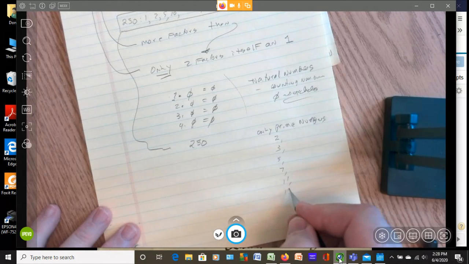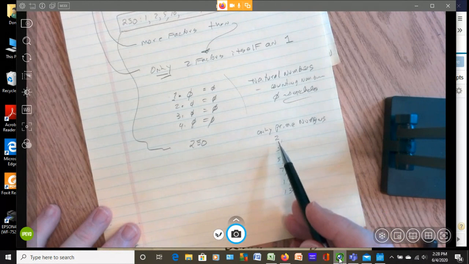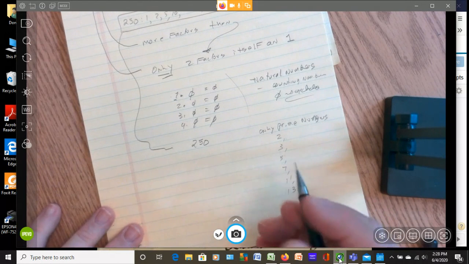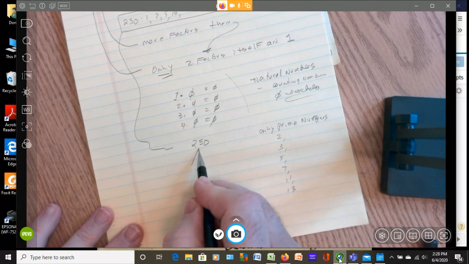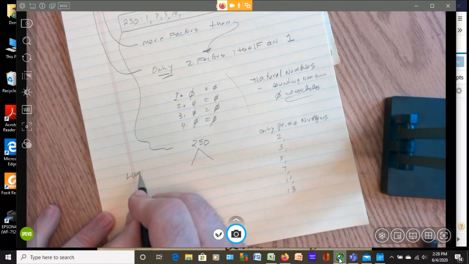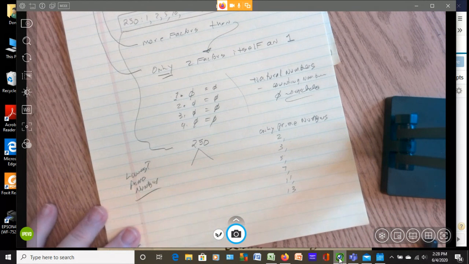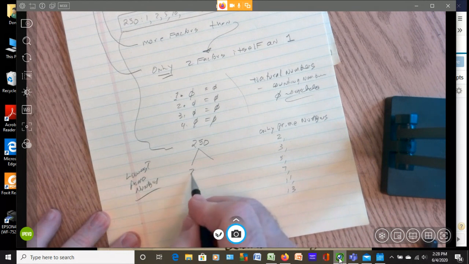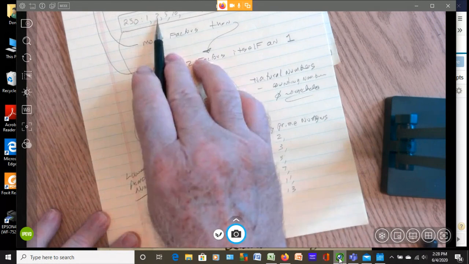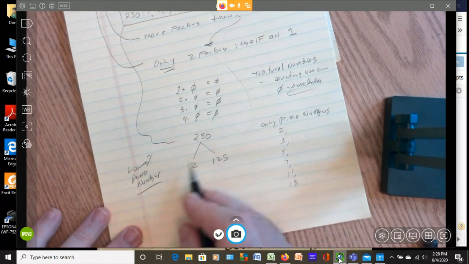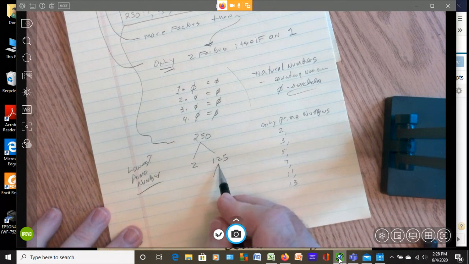That's enough for this. 1 times 2 is 2, only way you can get it. 1 times 3 is 3, only way you can get it. So I'm going to start off with the lowest prime number, which is 2, the classical way you do this. We already know that 2 times 125 is 250. 2 is a prime number, so I'm not going to use it anymore.